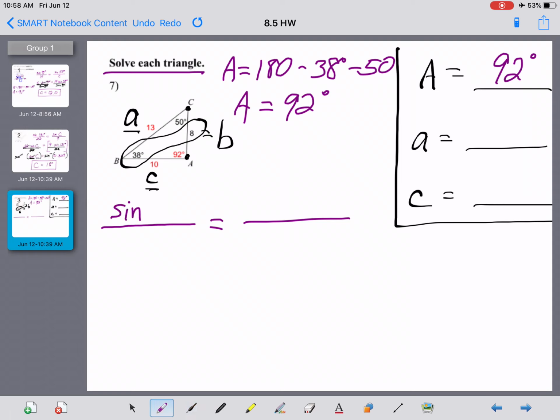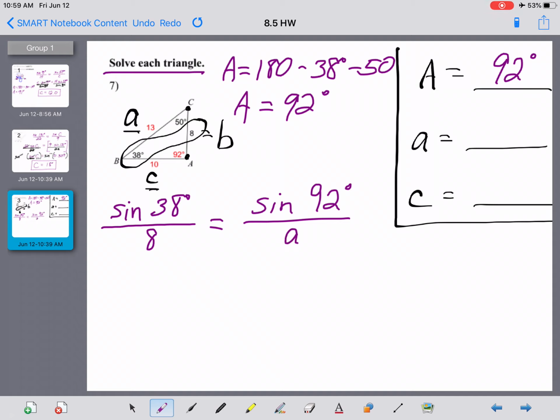It's the sine of 38 degrees divided by its opposite side length, which is 8. And that is going to equal the sine of, and we really could do either angle that we wanted to now, either A or C, because we know both of them. I'm going to go with A. So the measure of angle A we found was 92 degrees, and the side opposite from that is little a.